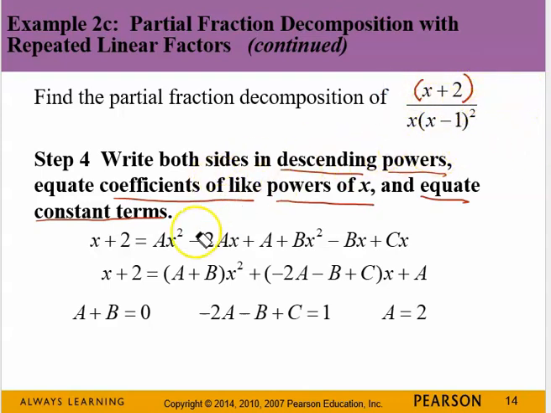But the sum of this, if we add it together, is the constant of x squared, which is a 0 in this case. So that makes the sum of our a and b here, since there is no value there up there for this, a 0.